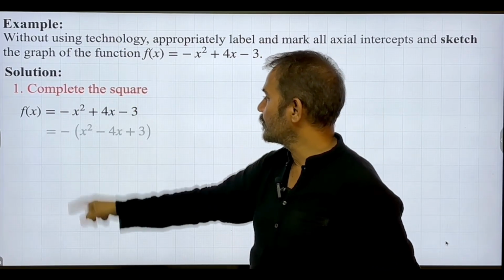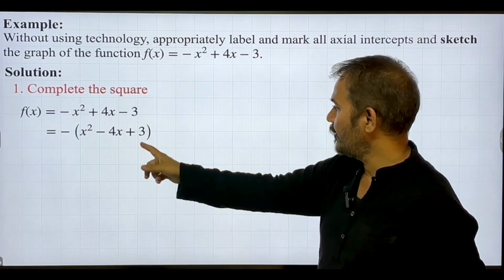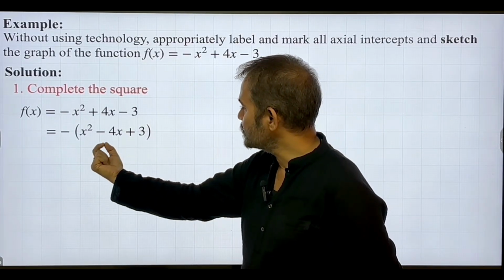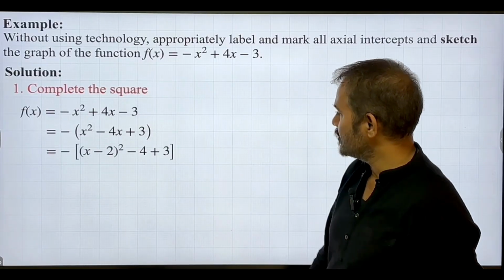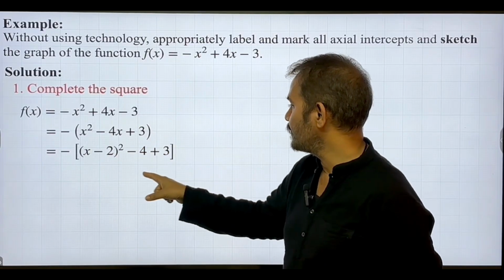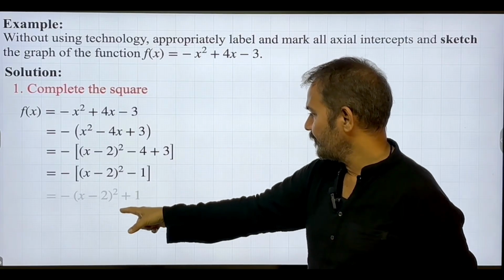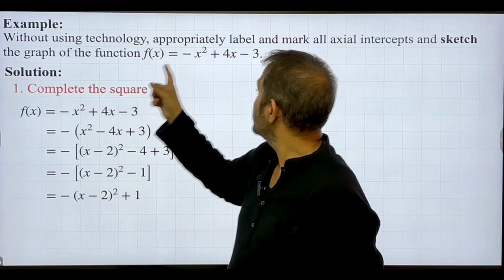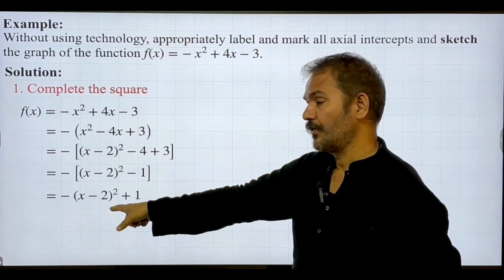To complete the square, we first take negative common. You get negative of x squared minus 4x plus 3. Now merge these two terms, so it becomes (x minus 2) squared minus the square of 2, that is 4, plus 3 as it is. When simplified, this will be your form. So when you complete the square, this is what you get.